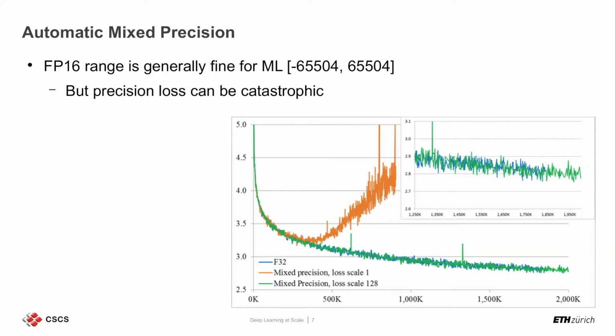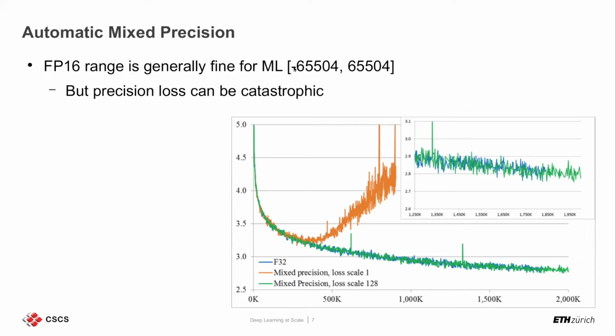But they show here that scaling the loss already solves that issue, right? So the green line is their solution, which is basically just multiplying their loss by 128, and that's enough. So yeah, there are ways to work around that.